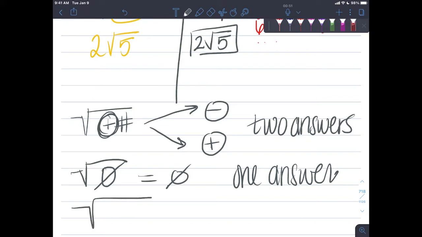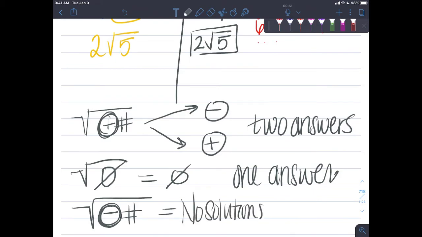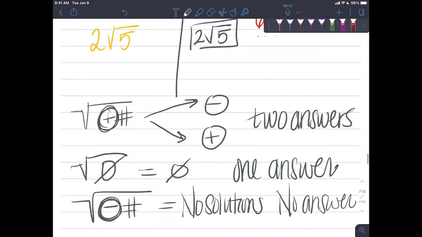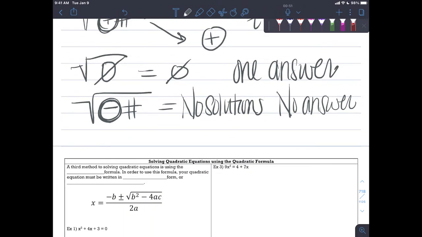However, the square root of a negative number gives me no answers. The reason is that there is nothing that, when multiplied by itself, the same exact number, will give you a negative number. Even two negatives multiplied together will give me a positive.